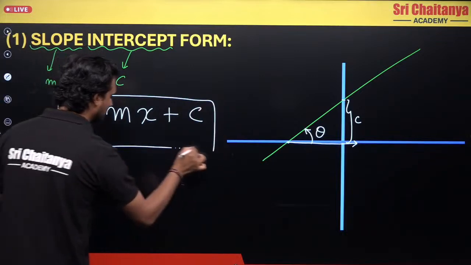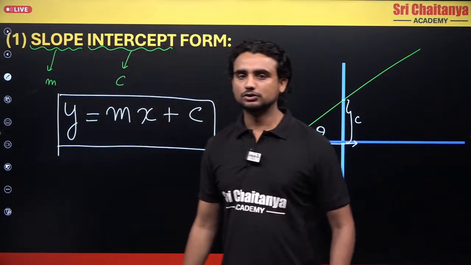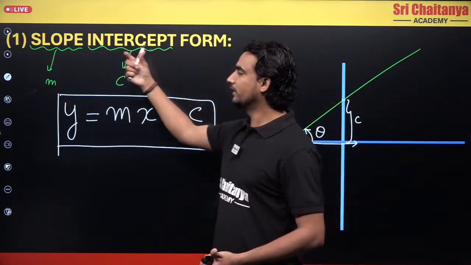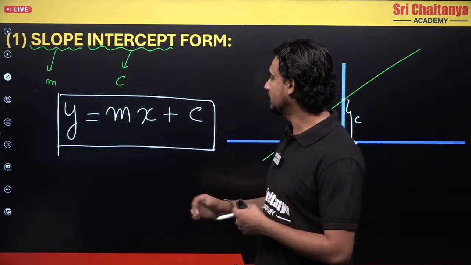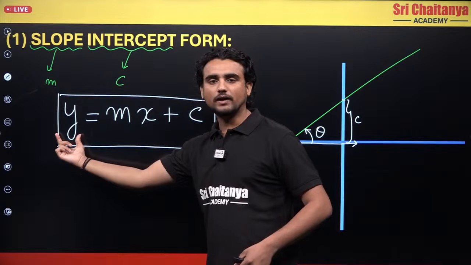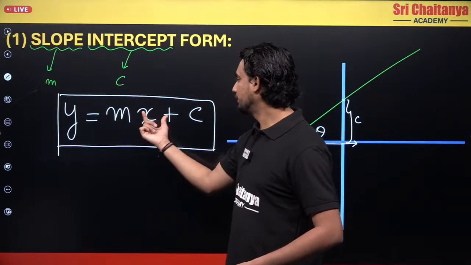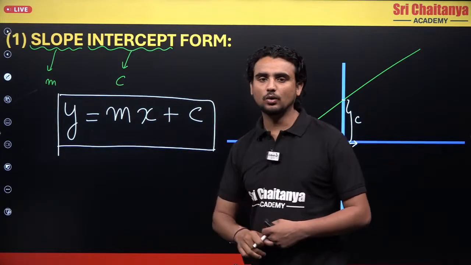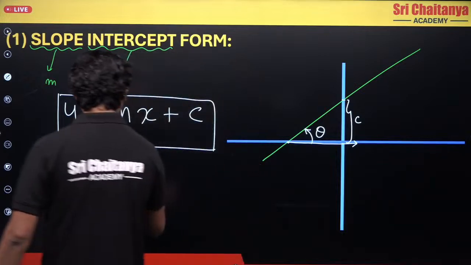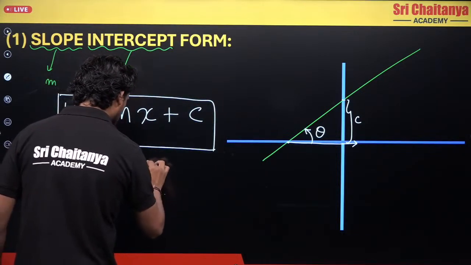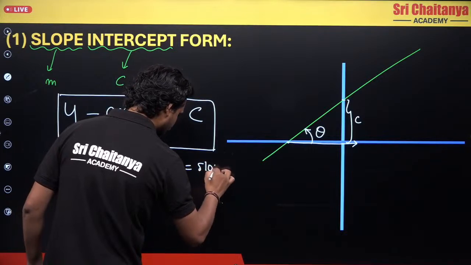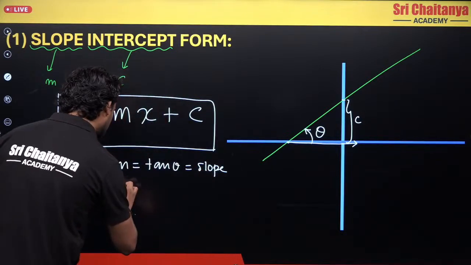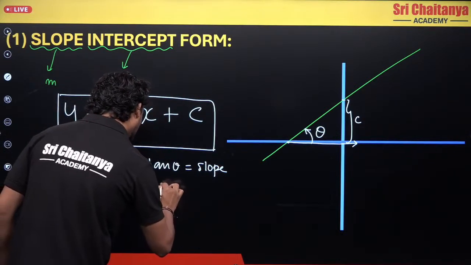This is the basic slope intercept form, the general equation of a straight line, where y is the y coordinate, m is the slope, x is the x coordinate, and c is the y-intercept. I'll write it again. What is m? M is tan theta, the slope. What is c? C is the y-intercept.